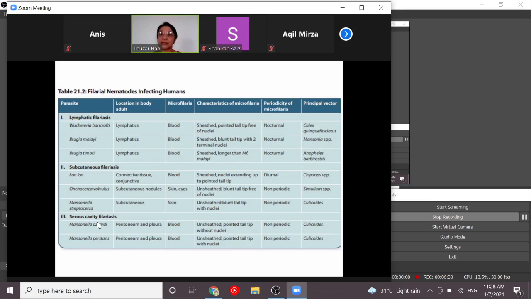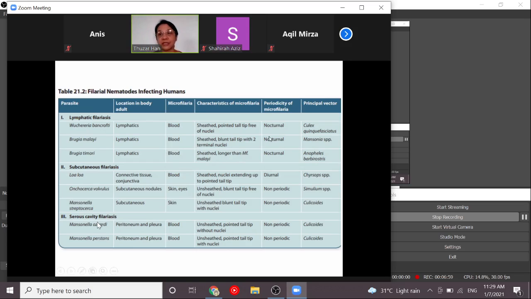Mainly the genus is Culex, but Anopheles, and in other tropical countries Aedes, can also transmit lymphatic filariasis.